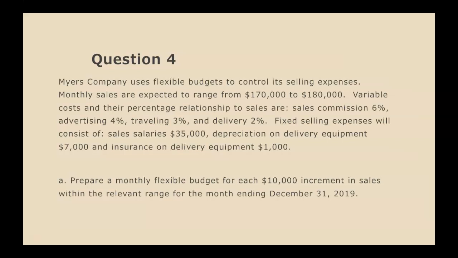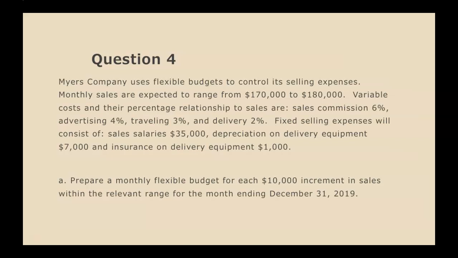Variable costs and their percentage relationship to sales are sales commission, just 6%, advertising, which is 4%, traveling is 3%, and delivery is 2%. Fixed selling expenses will consist of $35,000 in sales salaries, $7,000 in depreciation on delivery equipment, and $1,000 on insurance for that delivery equipment.